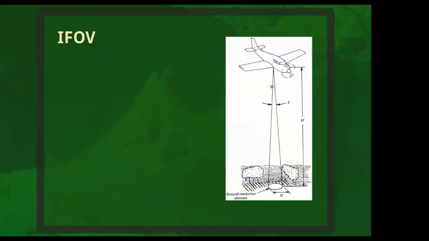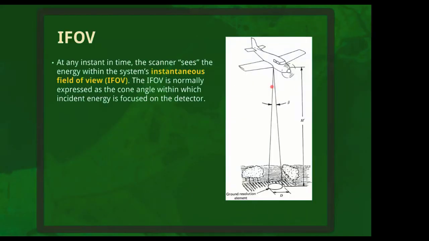Nice. I want to talk about one related concept because it can help us better understand how image data were recorded and why some of the resolutions will interact with each other, or trade off. The IFOV refers to the instantaneous field of view.